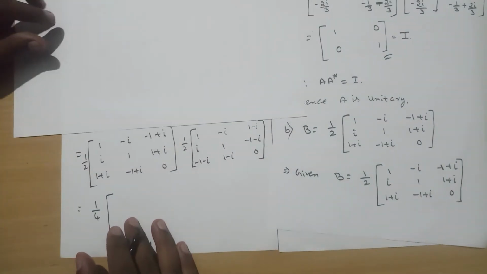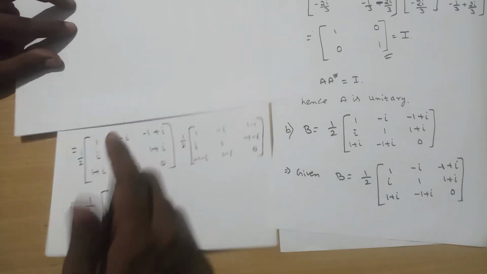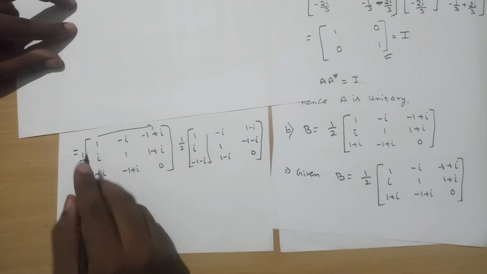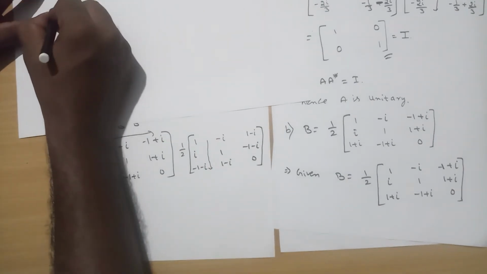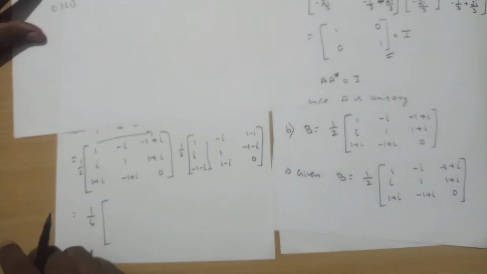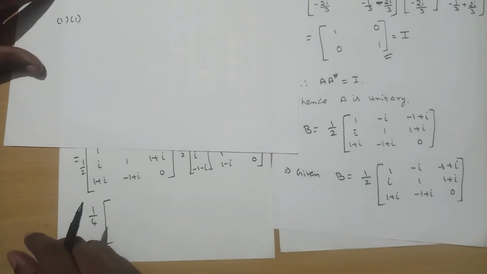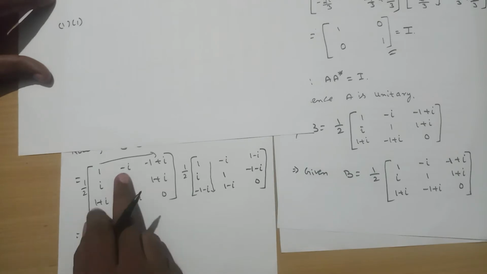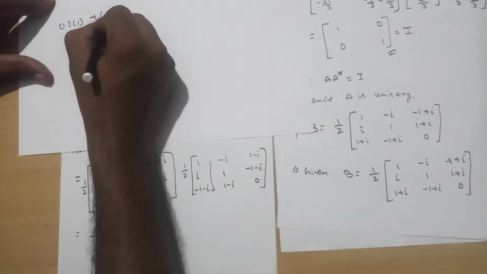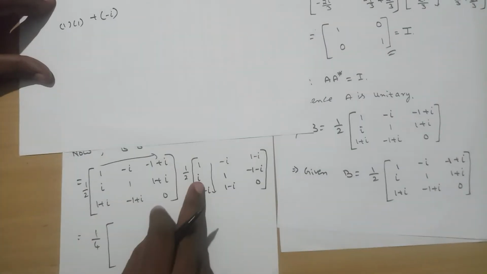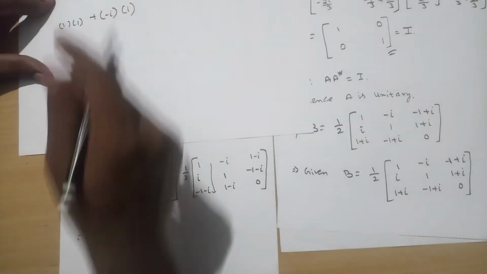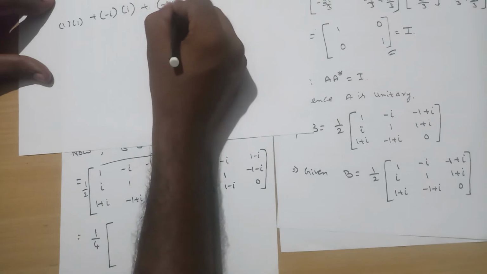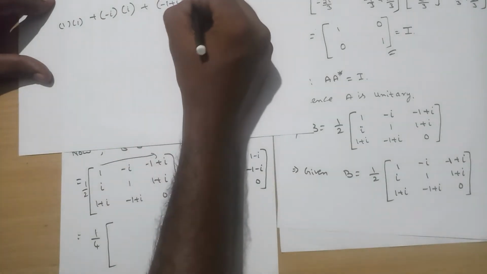Matrix multiply ಮಾಡಿದ್ರೆ ಏನು ಬರುತ್ತೆ? So here row into column. So what do you get here? 1 into 1. Okay, 1 into 1. So here what do you get? Plus minus I into I, and here plus minus 1 plus I into what do you get here?